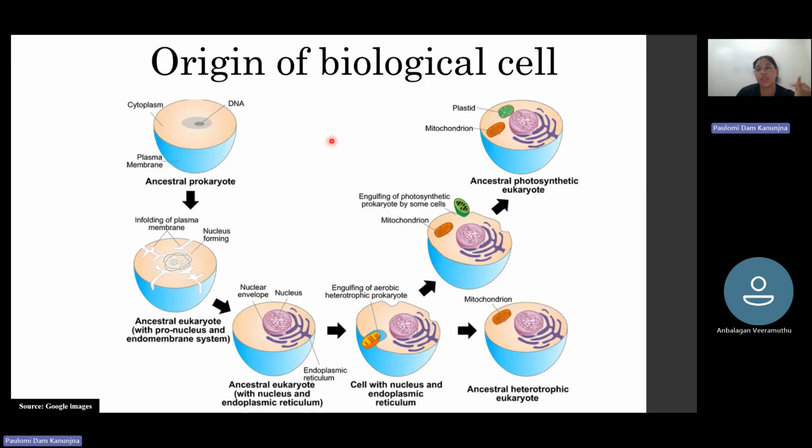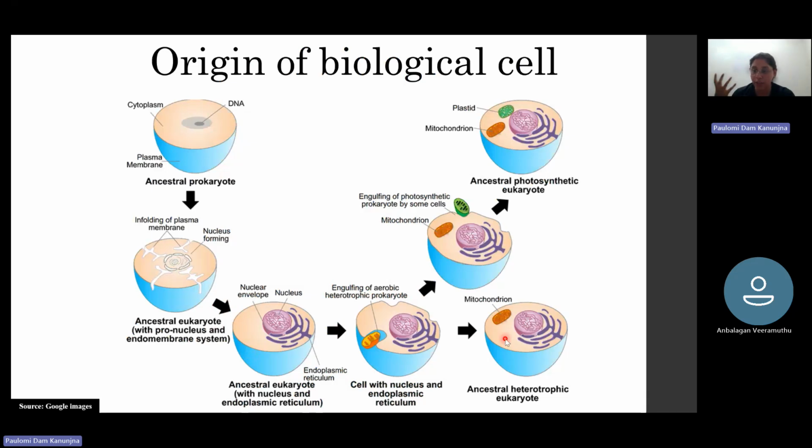First, it wanted you to imagine that we started with an ancestral prokaryotic cell. If you know the difference between prokaryotic and eukaryotic, you can look at the images and start visualizing the differences, right? So an ancestral prokaryote changed to have the pronucleus and the endomembrane system, and then over time gradually with the incorporation of mitochondria and chloroplast.